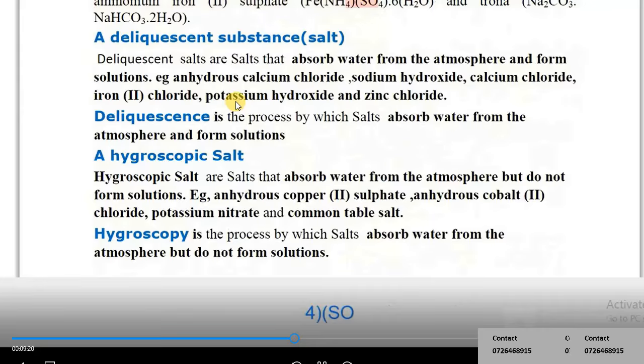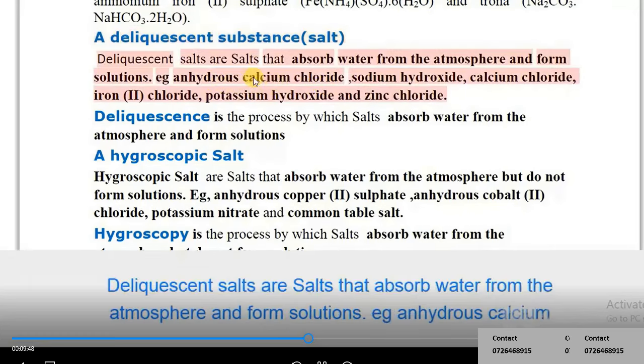Deliquescent substance. A deliquescent substance is a substance which absorbs water from the atmosphere and forms solutions. For example, we have anhydrous calcium chloride.